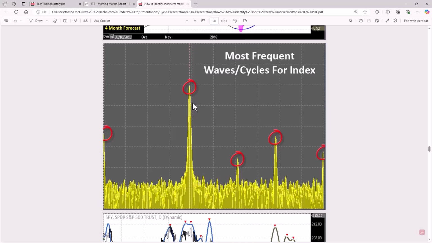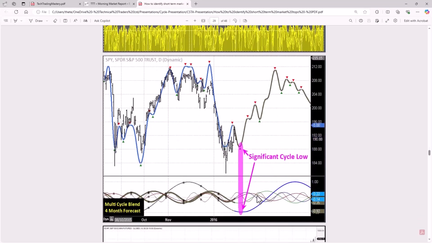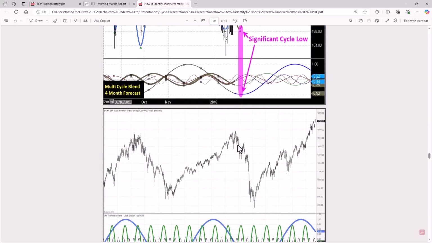They repeat over and over again. You constantly run this to figure out the most active cycles, longer term and shorter term, and you use those. You don't want to use all these other random little cycles that are potentially there. You want the ones that repeat over and over in the most recent price action to figure out which cycles to use on the bottom of this chart. And that's what gives us this somewhat accurate-ish forecast.